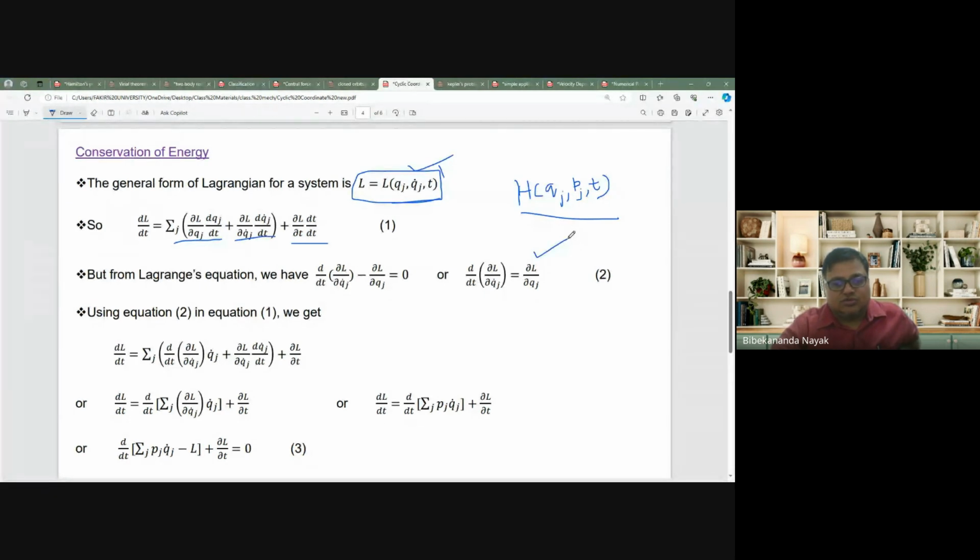So put that in place of del L by del Qj. We get d by dt of del L by del Qj dot times Qj dot, plus del L by del Qj dot times Qj double dot, plus del L by del t. Here you see the derivative of a product: derivative of u times v plus u times derivative of v. That means this is d by dt of del L by del Qj dot times Qj dot, plus del L by del t.